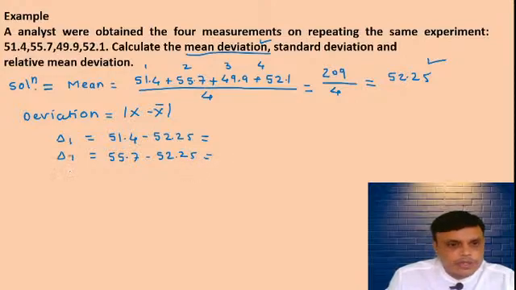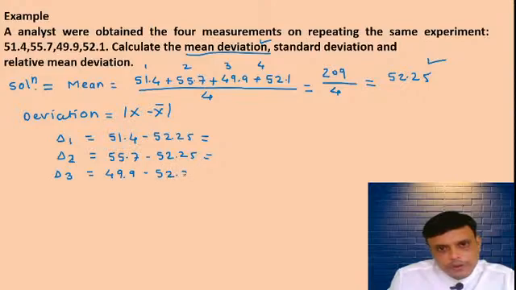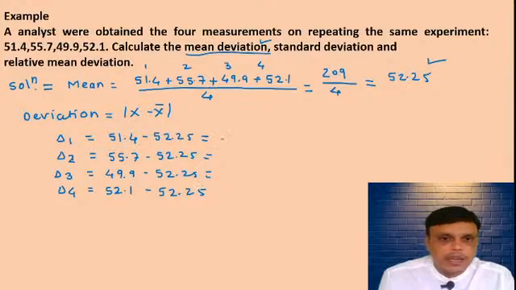This is del 2. Then del 3 is what? 49.9 minus 52.25. And del 4 is 52.1 minus 52.25. Calculate these values and tell me del 1 is how much.